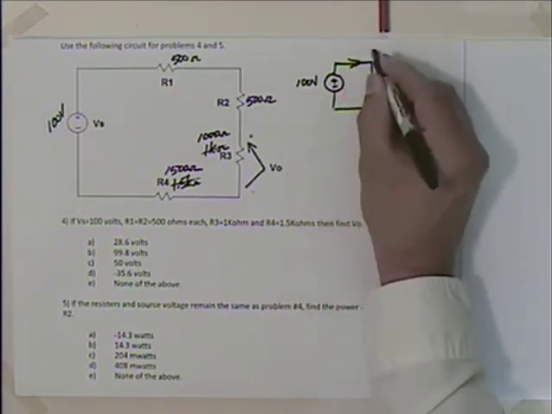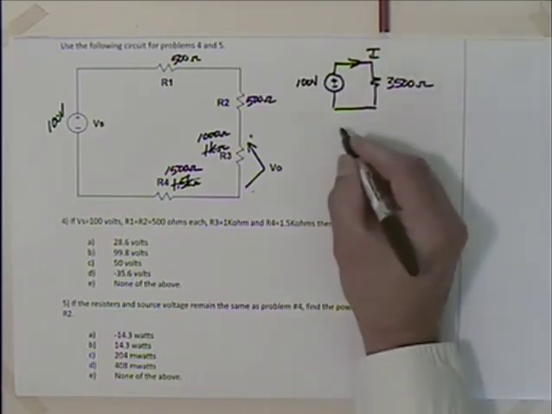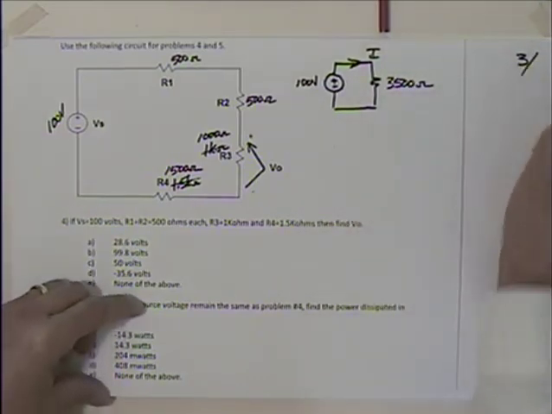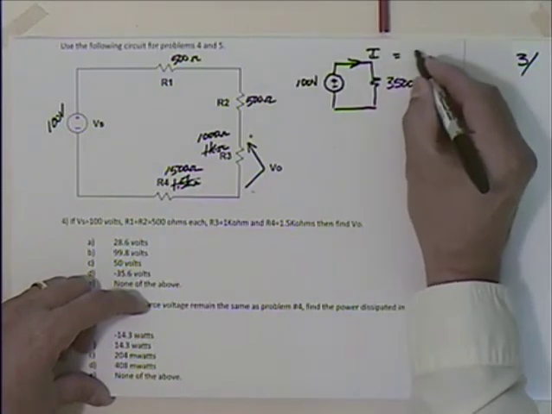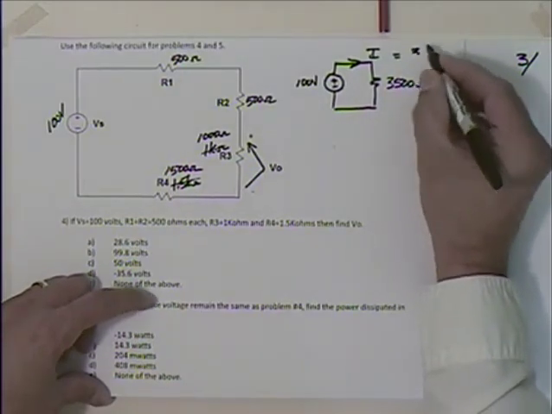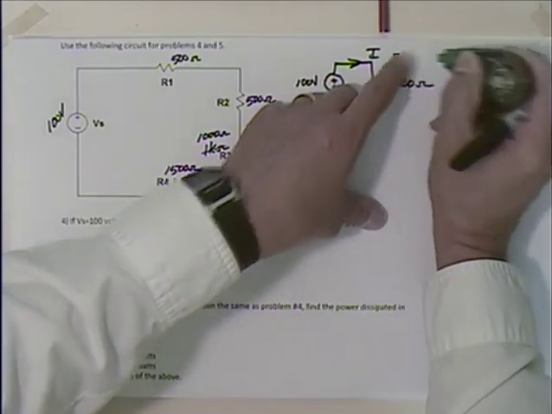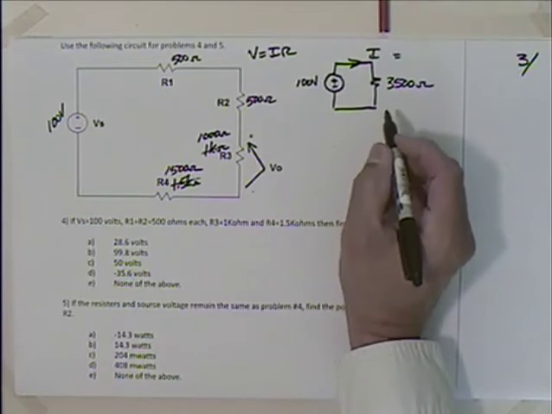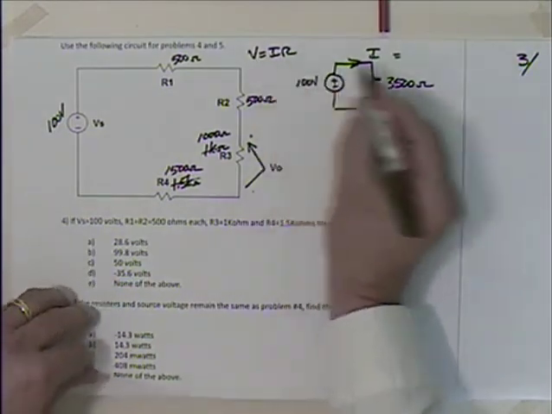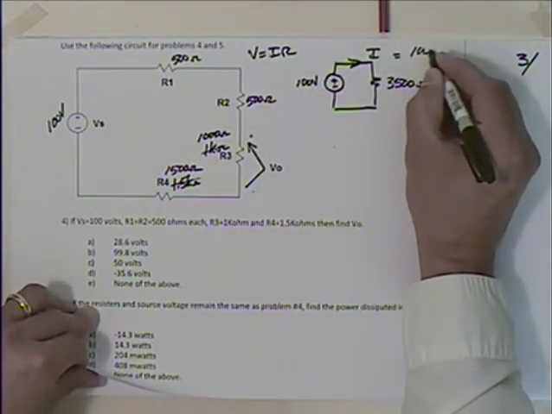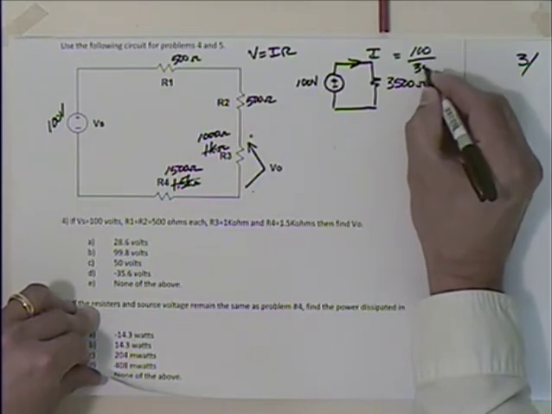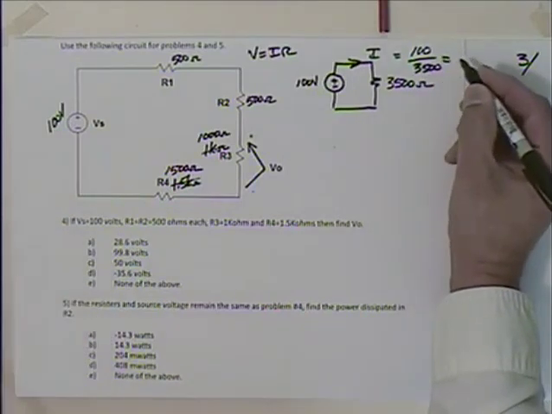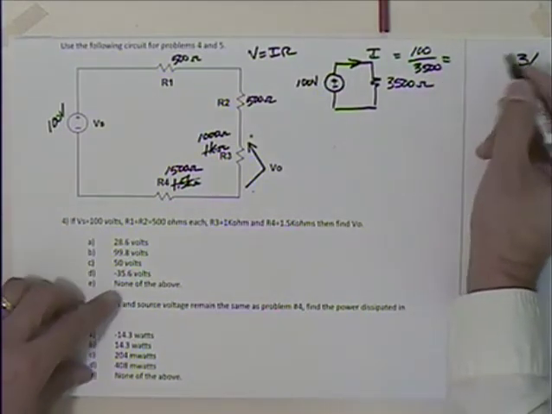So if I wanted this current here, I could say that I is going to be equal to 100, because we're using Ohm's law. V is equal to IR. So I is going to be equal to V divided by R, 100 divided by 3500, which nets me, what am I going to get?